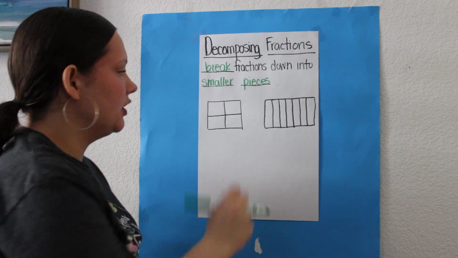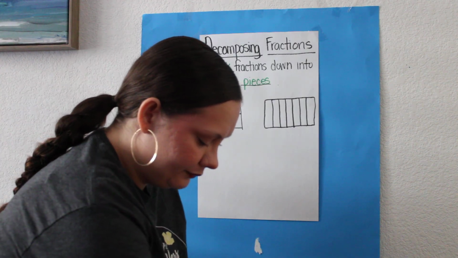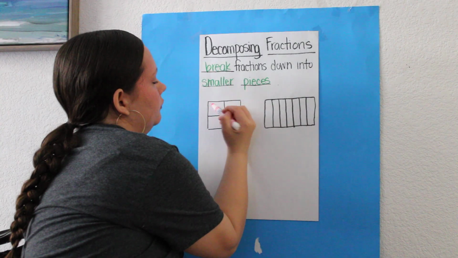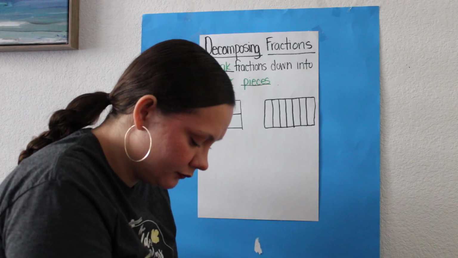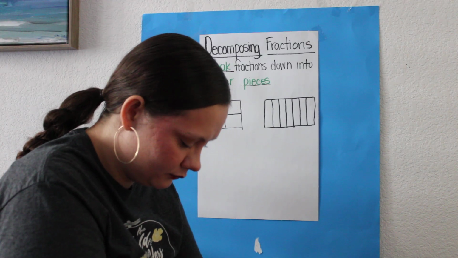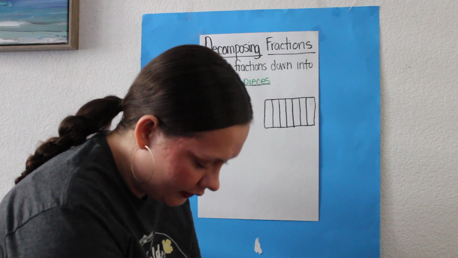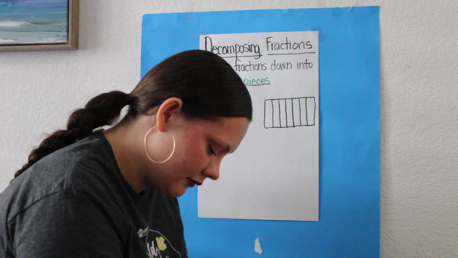All right, and I'm going to shade in some pieces in my model. Give me just 1 second. This one don't work. I don't think y'all will be able to see that color. Bear with me, please.